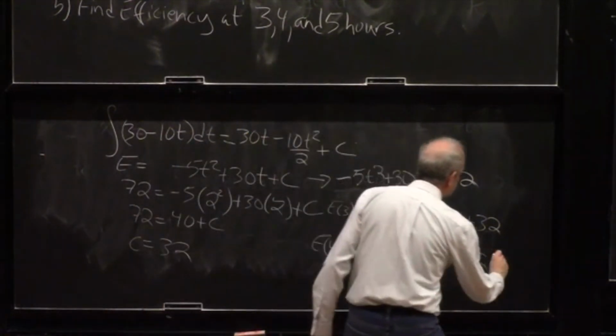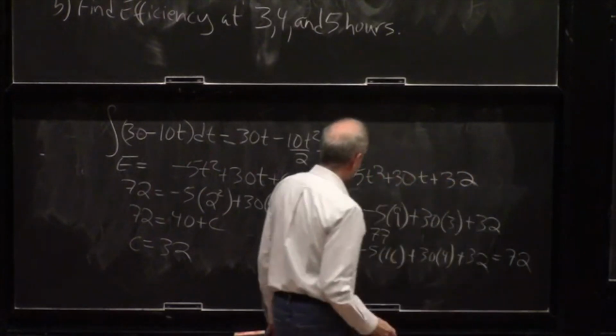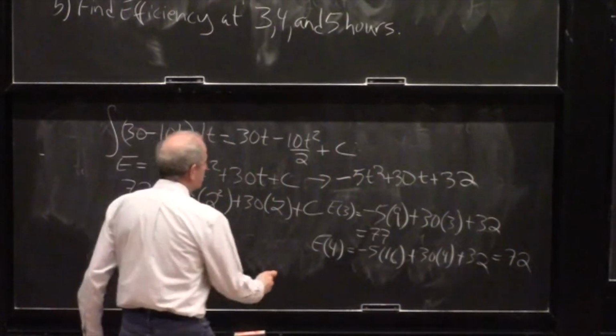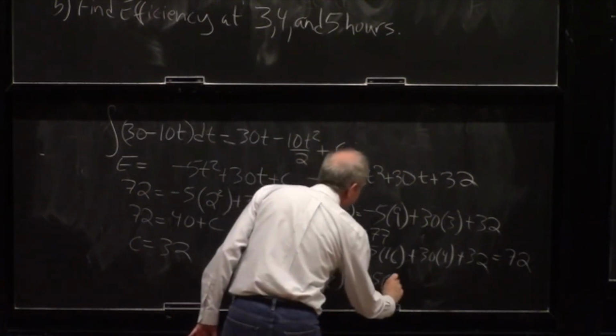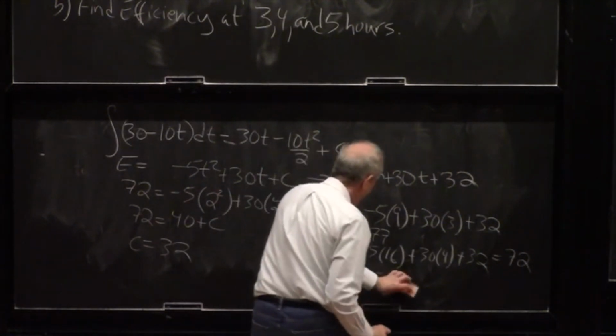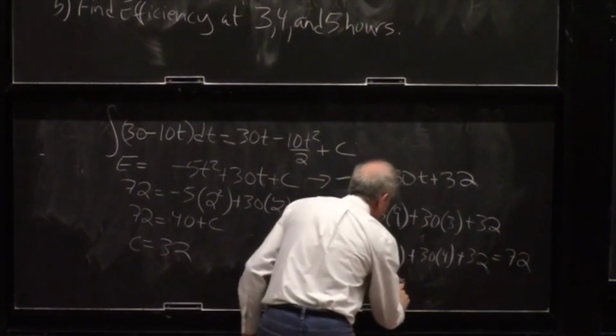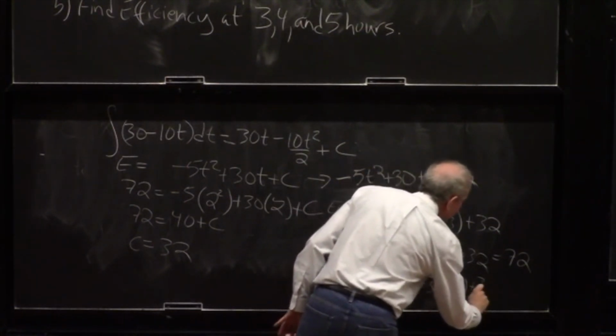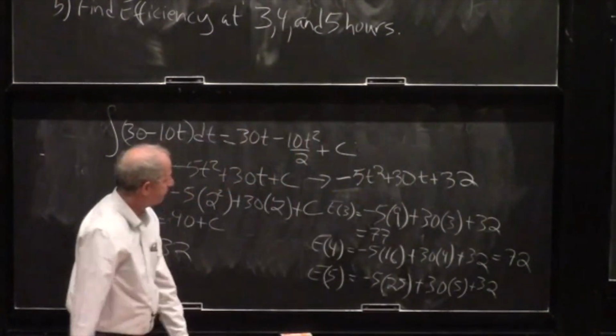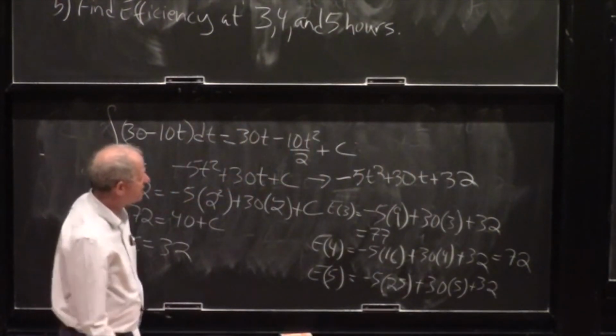Efficiency's dropping, which makes sense. Too many hours on the machine. E at 5 is minus 5 times 25 plus 30 times 5 plus 32, which is 57.